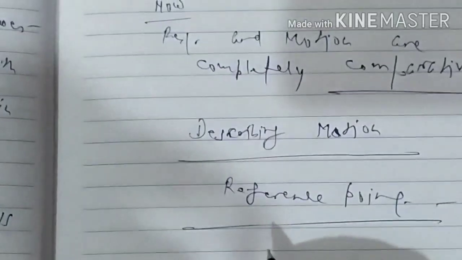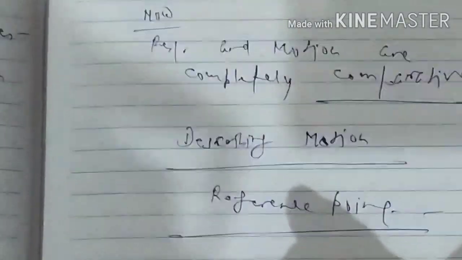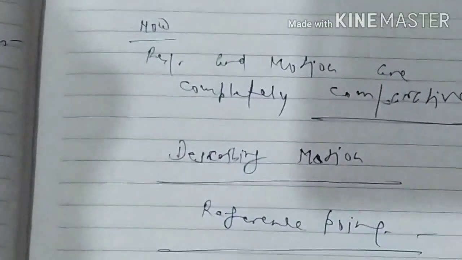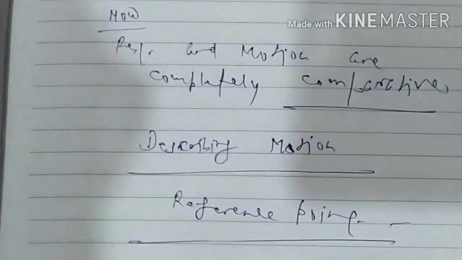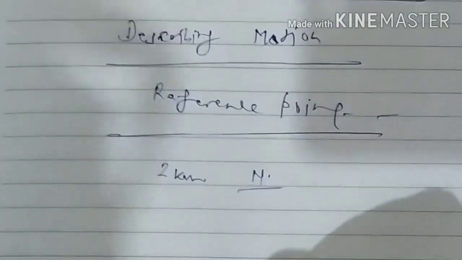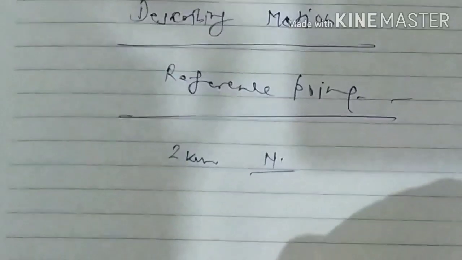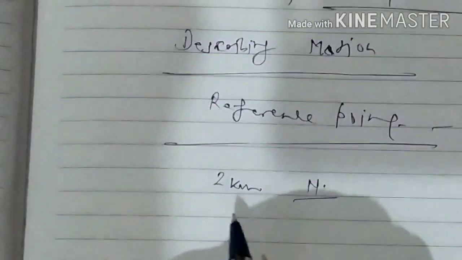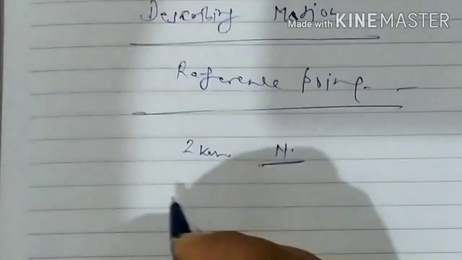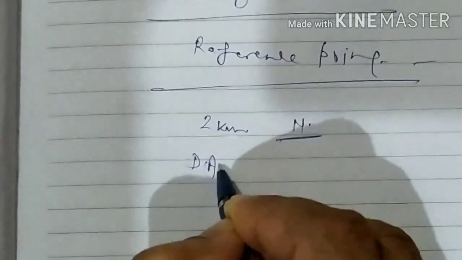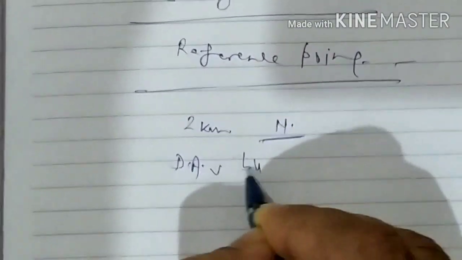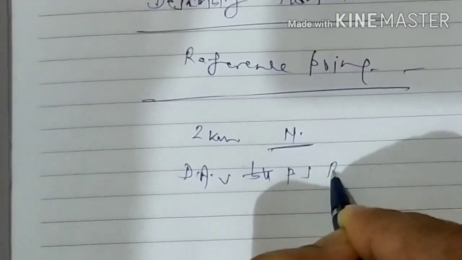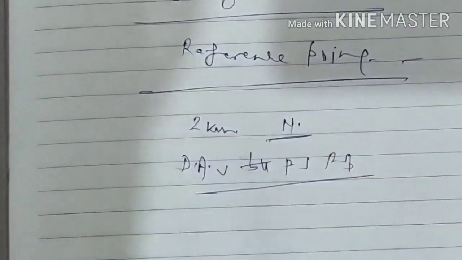Another example is that suppose your home is 2 kilometers north from D.A.V. Public School Runnisaidpur, then D.A.V. Public School Runnisaidpur is your reference point.